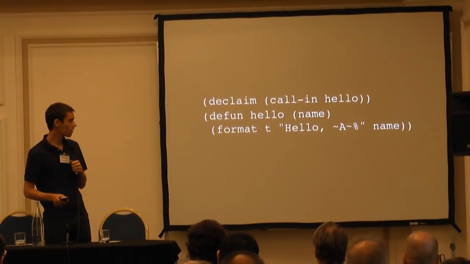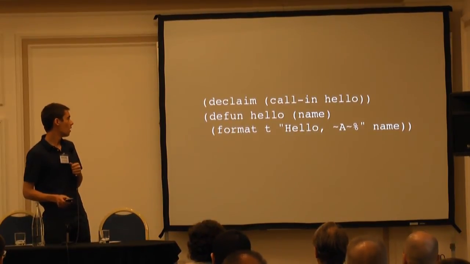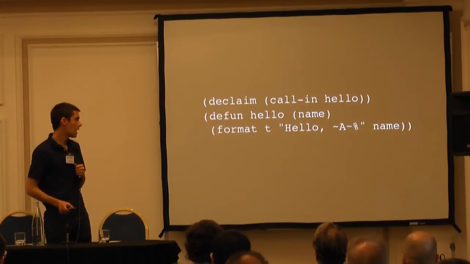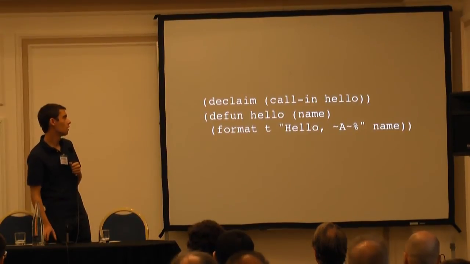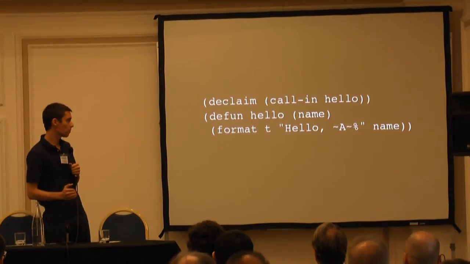So to expose this into iOS or Android, I have a little declaration here identifying it as a call-in. And you'll notice there is a little something unspecified. I didn't put what type the argument is. I didn't say what the return type is.